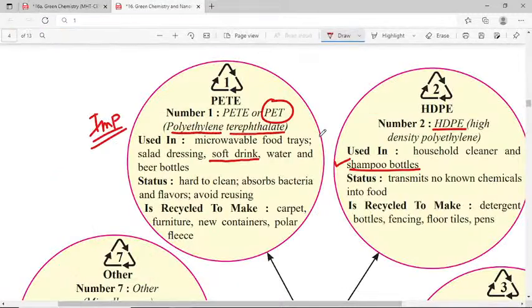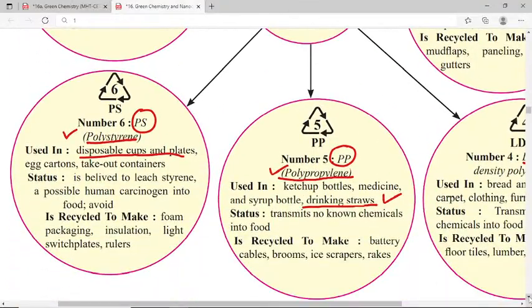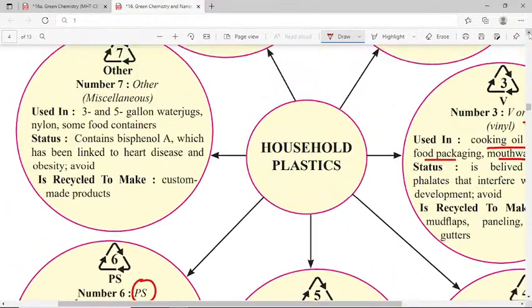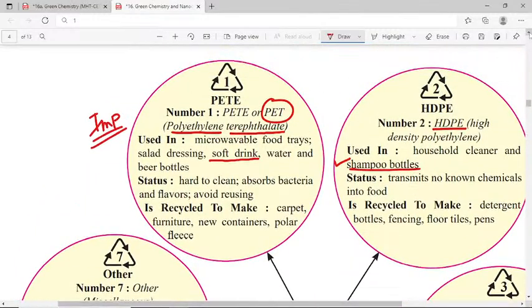I am showing one of the tables where it is written as polystyrene, and polystyrene is used as disposable cups and plates. The remaining ones are low density polythene, high density polythene, and PET.